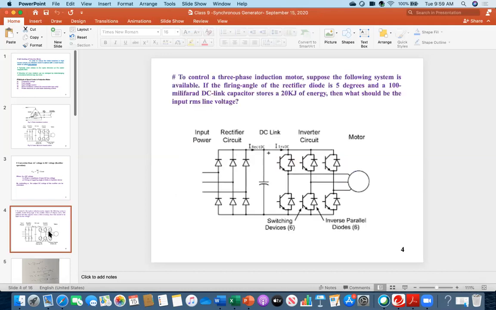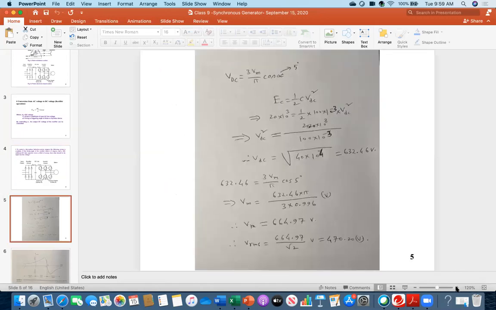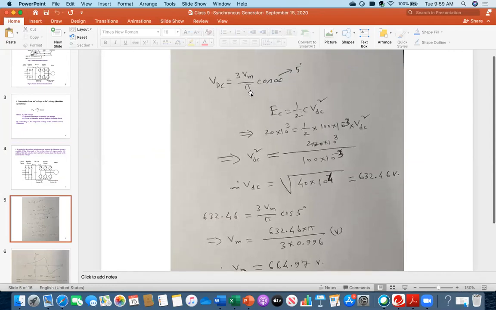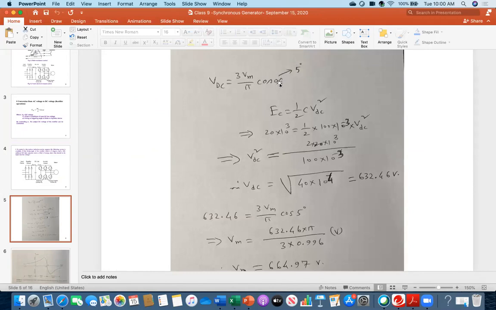So for you here, I have solved the problem. Everybody see this one. That is my basic equation, conversion from AC into DC. Here the firing angle alpha is 5 degrees, as mentioned, so I am putting that here. Now, I don't know the DC voltage, but I know this relationship: EC equals half C VDC squared.